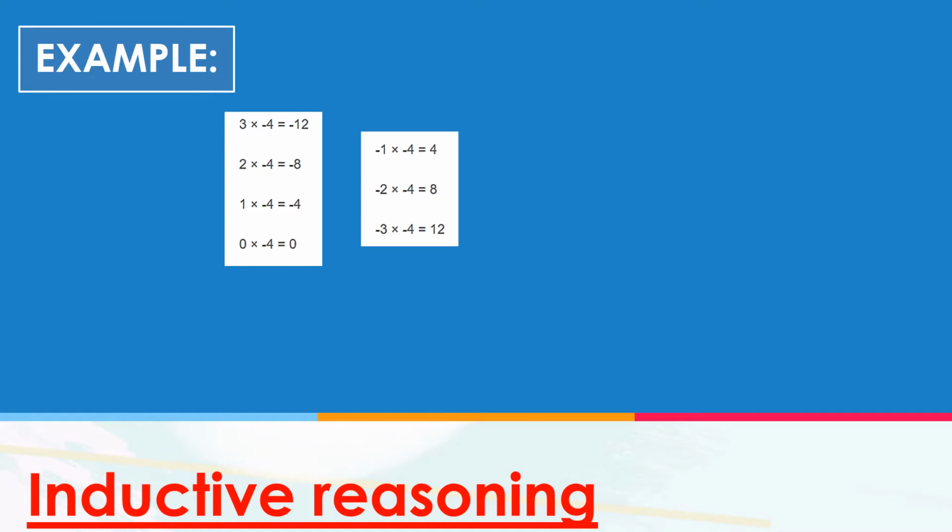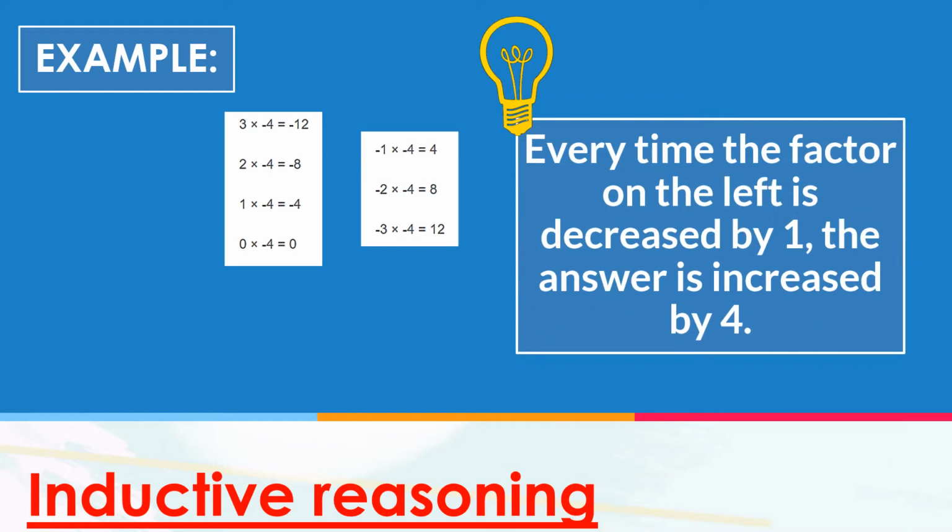We have negative 12, negative 8, negative 4, 0, 4, 8, 12. By inductive reasoning, the specific papunta doon sa general rule. So therefore, with this given, nakakonclude tayo na every time the factor on the left is decreased by 1, the answer is increased by 4.